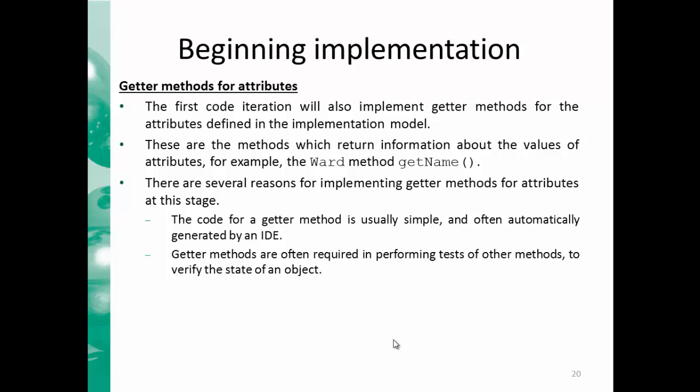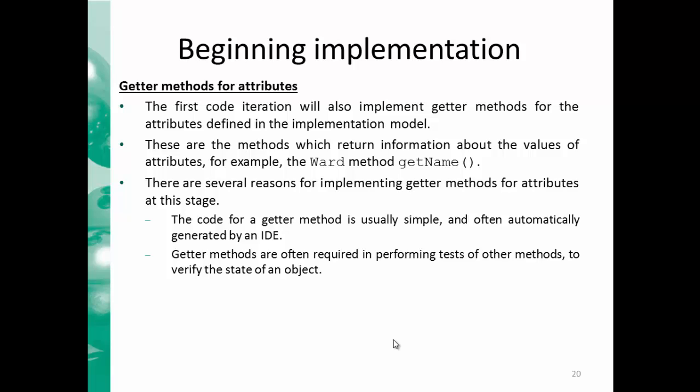So for each and every attribute in the class, you may need at this iteration to define a getter method for that attribute. It's quite easy to build getter methods, and in most cases the IDEs will provide you with the implementation of these methods, because it just returns the value of the attribute.